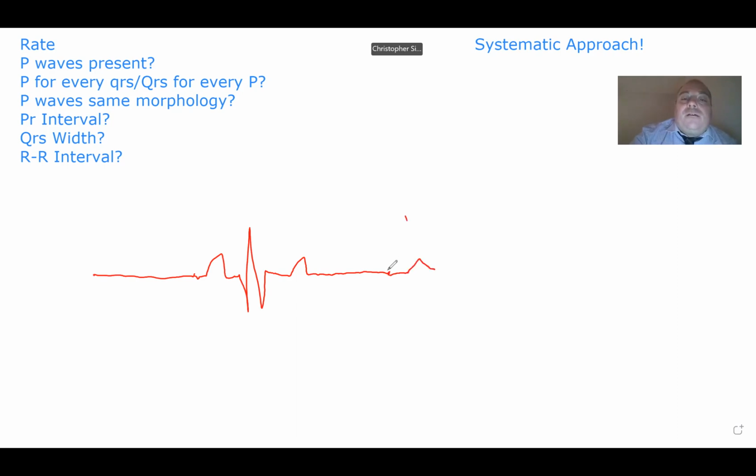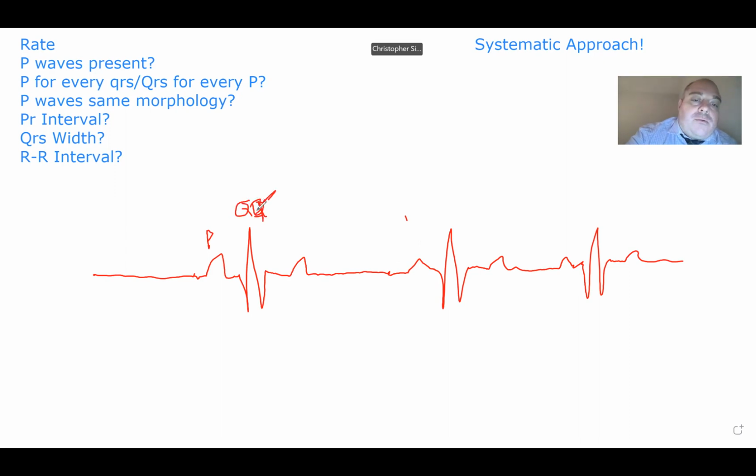P wave, QRS, T, P wave, QRS, T, so on and so forth. Okay, so let's label what we got. P wave, QRS. I cannot write on the screen to save my life. T, all right, so on and so forth.